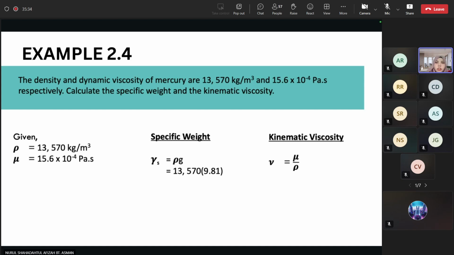Then the kinematic viscosity equals dynamic viscosity over density, which is also given. I think this is a straightforward question. The answer is 133 kilonewton per meter cubed for specific weight, and for the kinematic viscosity 1.15 times 10 to the power of negative 7 meter squared per second.